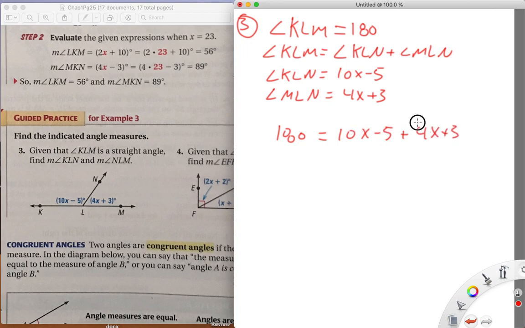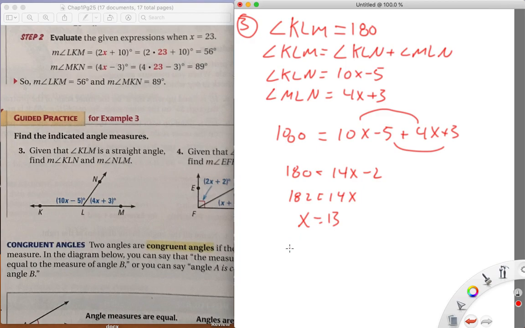And combine like terms. I get 14x minus 2, add 2 to both sides, and then divide by 14, and I get that x equals 13.